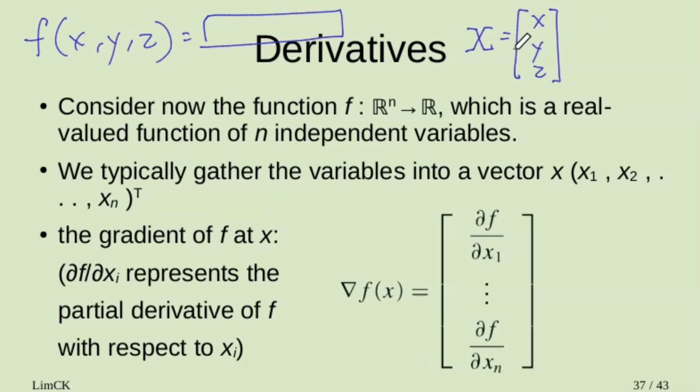Instead of writing it as x, y, z, it is easier to manage if we write x as x1, x2, x3, which is easier to manage.